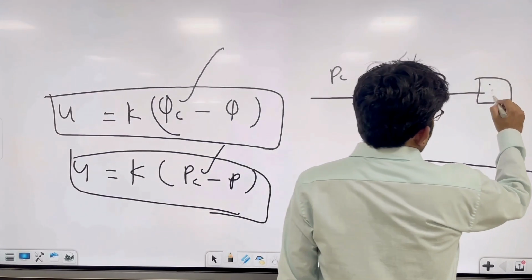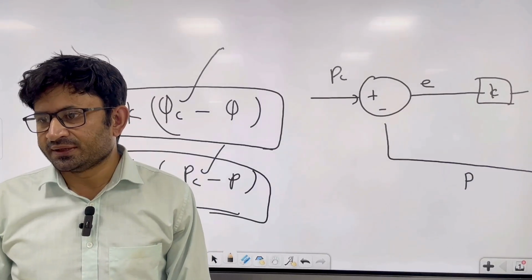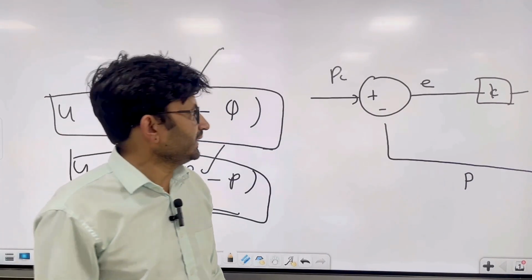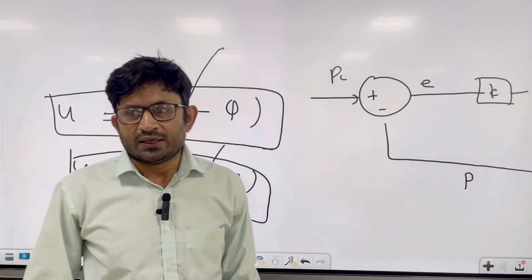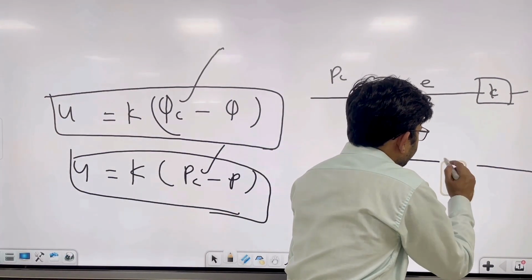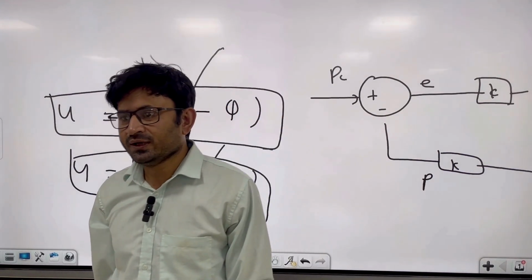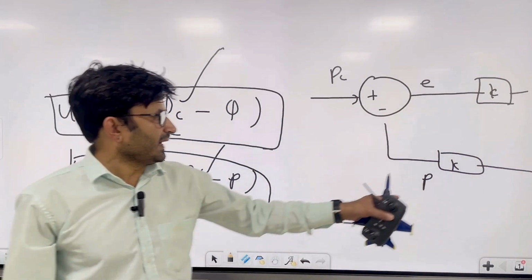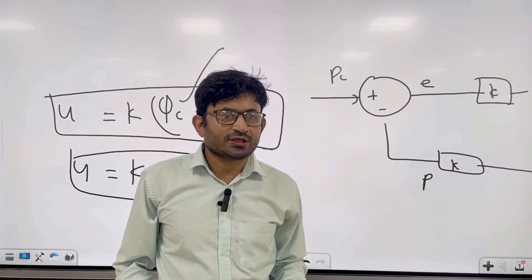Finally it passes through the physical limits and then the plant. So here you are trying to achieve p command, but also, as I have explained, take a feedback and multiply by some gain K.